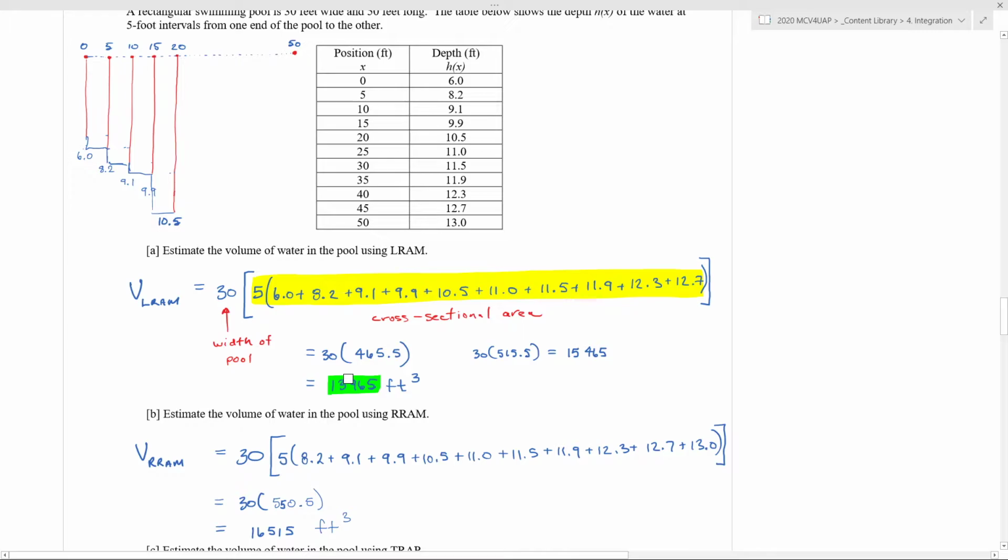Okay. So, estimate the volume of water in the pool using the trapezoidal approximation. So this calculation here must be wrong as well.